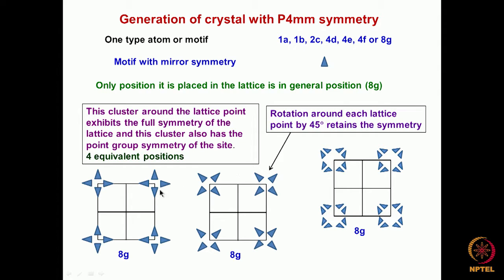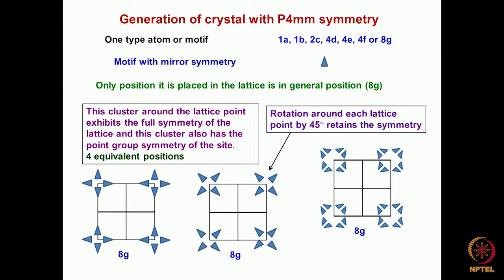Suppose the symmetry axis of the motif does not match. If I rotate it by an arbitrary angle from this position, then 8 motifs have to be kept, okay. Or if we keep one motif at a position which has 1-fold symmetry, then another 8 equivalent positions will be generated where the same motif has to be kept, so that the full symmetry of the lattice is satisfied.